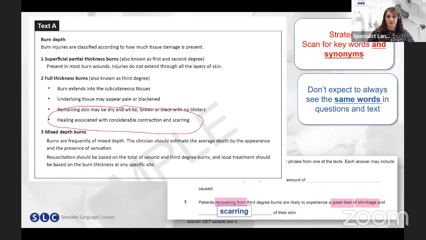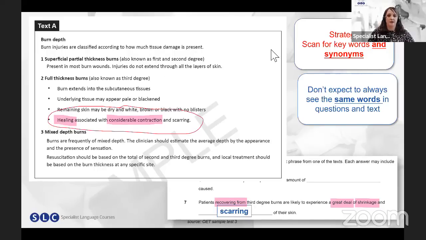Okay, great. So pop your ideas into the comments box. Great. Okay, good. So you've all scanned to find those answers there. So we've got recover from, in this context, is healing.